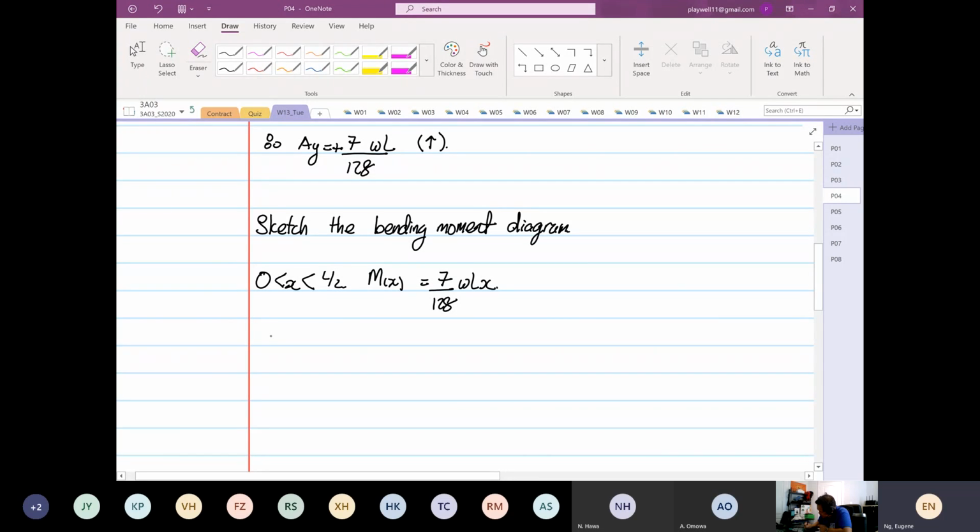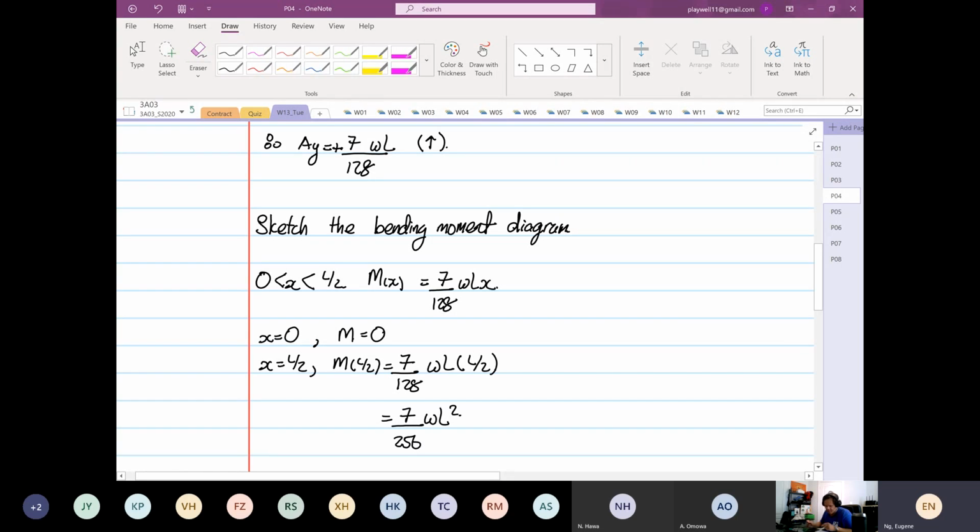So when x is equal to 0, M is equal to 0 also. So when x is equal to L over 2, M at L over 2 is equal to 7 over 128 omega L multiplied by L over 2. So this is equal to 7 over 256 omega L squared.